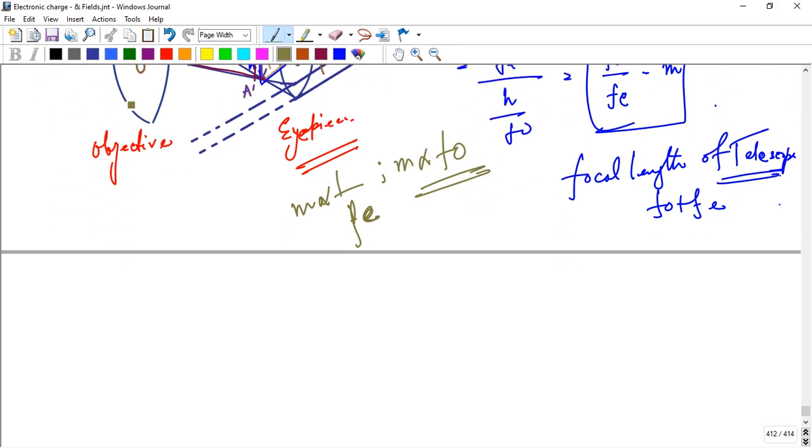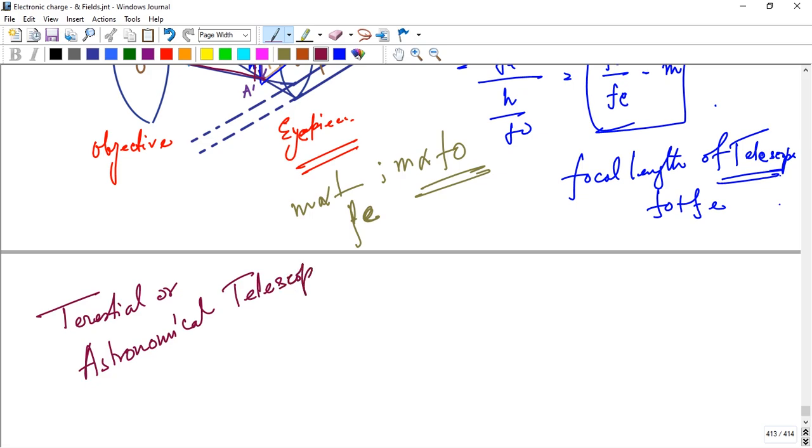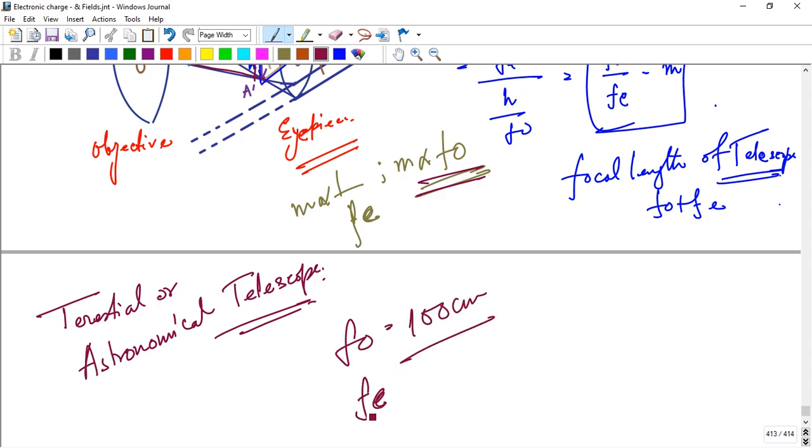For a terrestrial or astronomical telescope, f naught should be high, say 100 centimeters, and fe, the focal length of the eyepiece, is almost 1 centimeter.